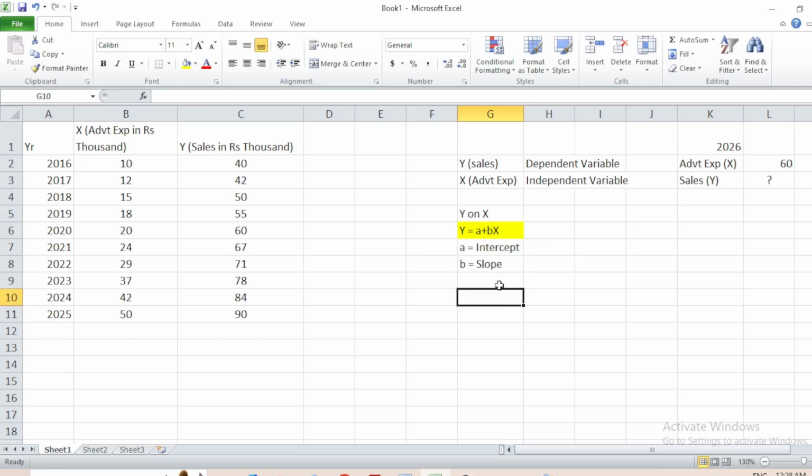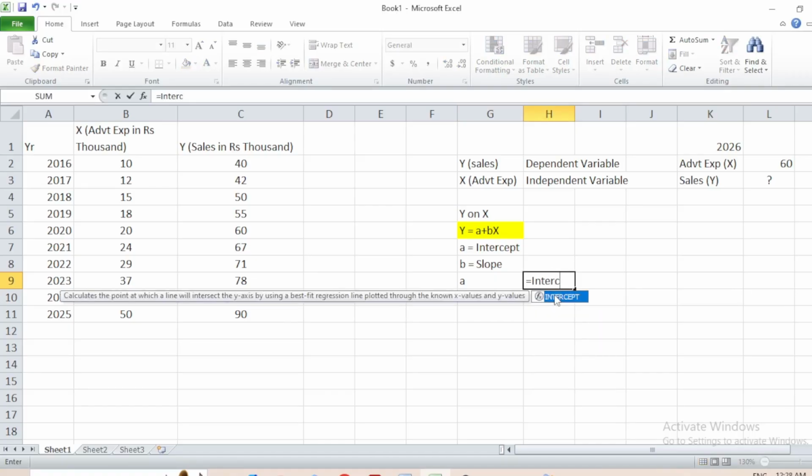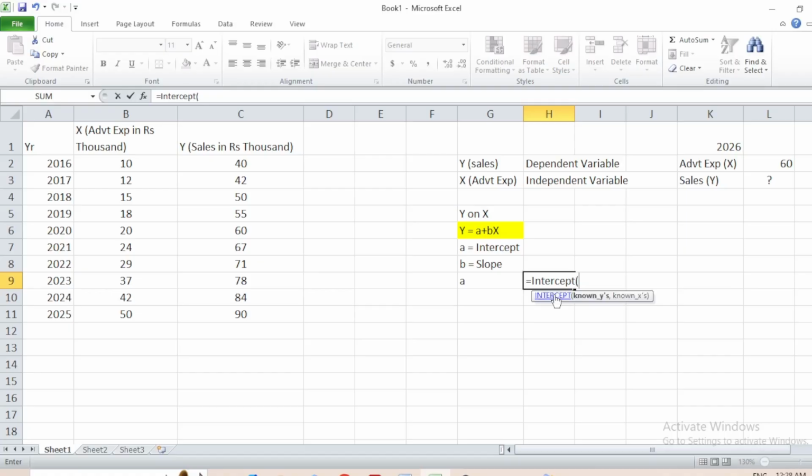Now to find out the intercept value, a, we can use the formula intercept, bracket open, and we can just select the variable y given in C2.